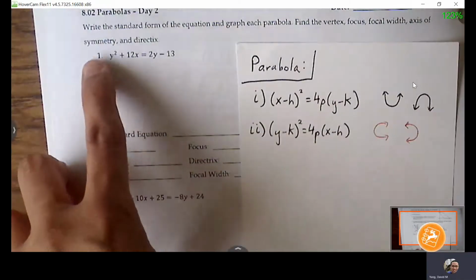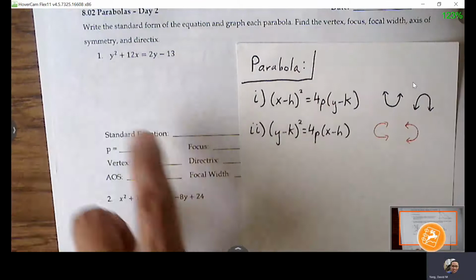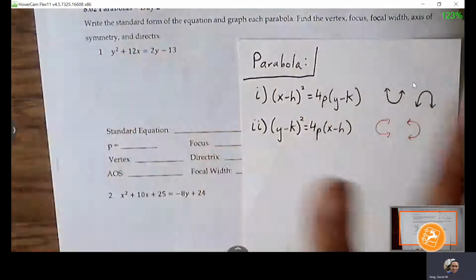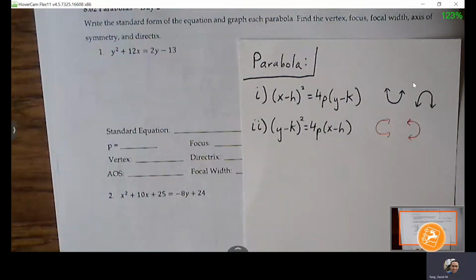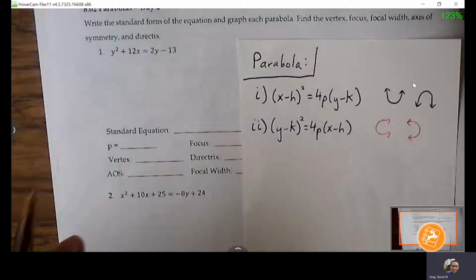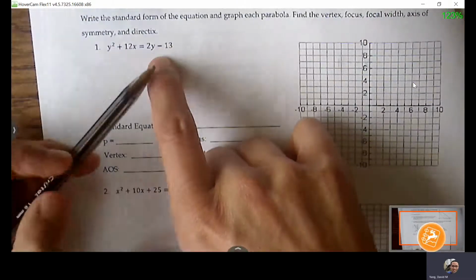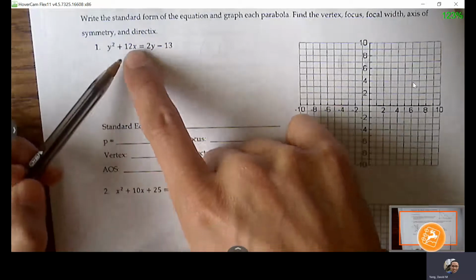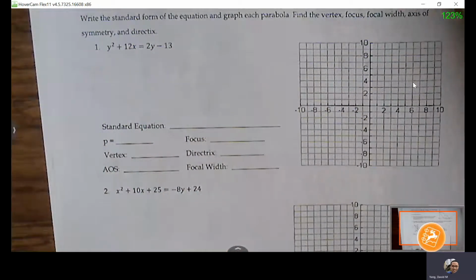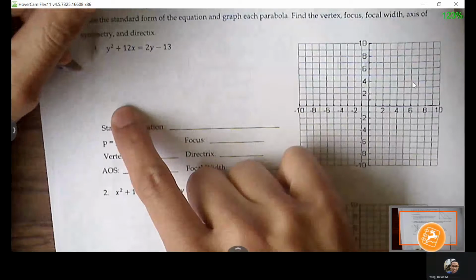Okay. So what we want to do first is, because your y is the one that's squared, you want all the y-related variables on the left side. Basically, whatever is squared, that's the variable that you want to leave on the left side. So y squared is already on the left side, but let's go ahead and move that 2y over, and we'll make the 12x and 2y swap places. Okay.